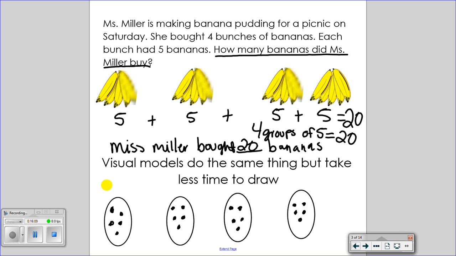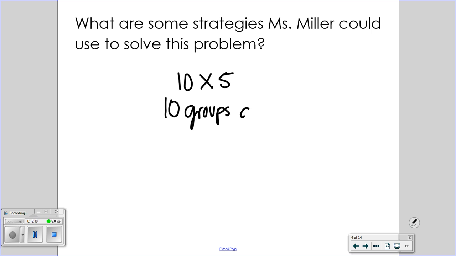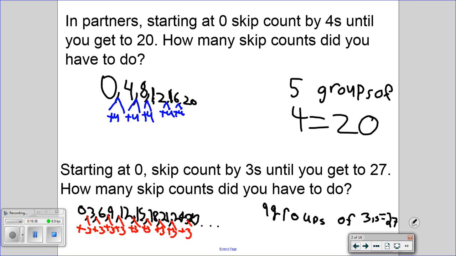That multiplication symbol, when I write, like let's say I was doing 10 times 5, what I'm really doing is 10 groups of 5.